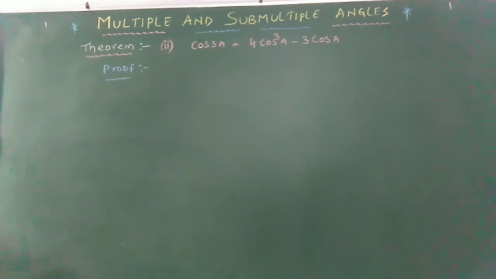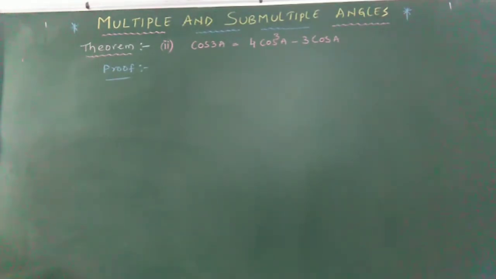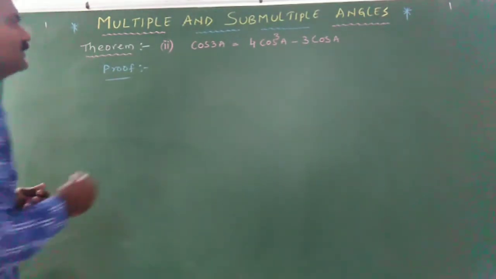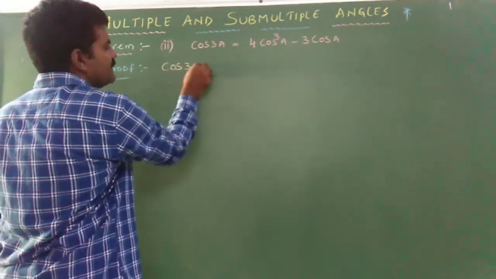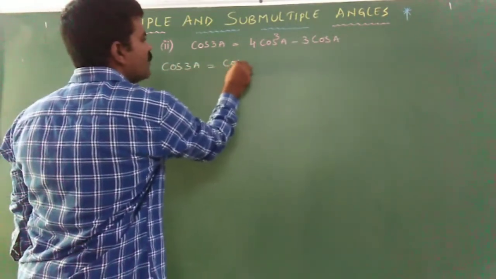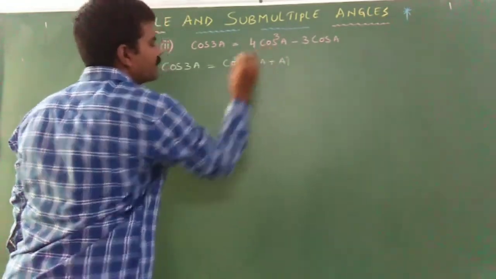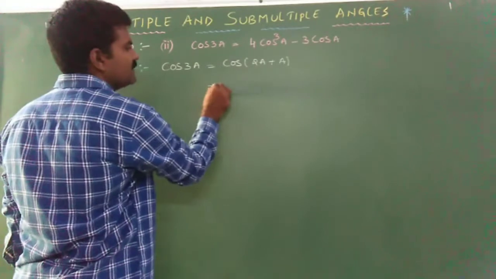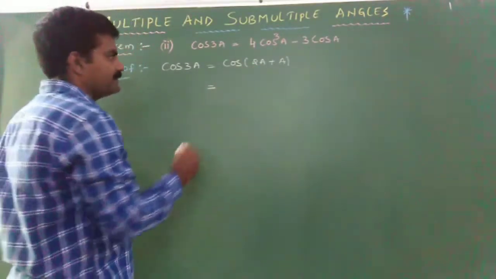The proof of this formula is same as the previous one. Whatever procedure we did for sin 3a, almost all the same model. So coming to cos 3a, I want to write 3a as 2a plus a. So once again it is the formula of cos of a plus b.